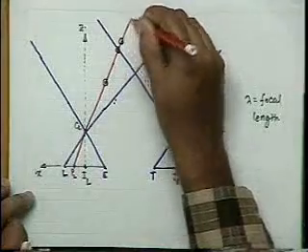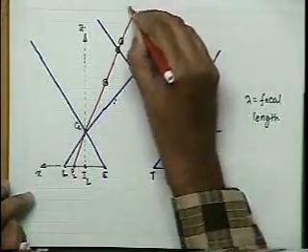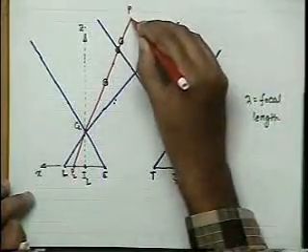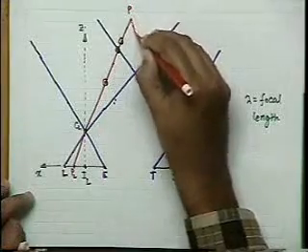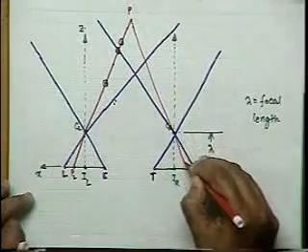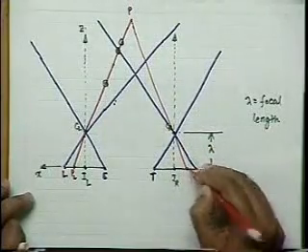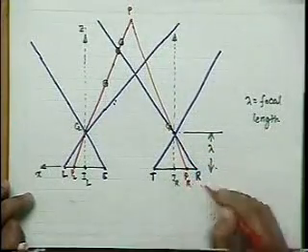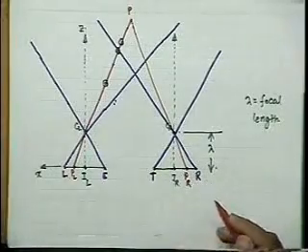Let us say I have the point P over here, and I join P with CR, and this is the position where I have PR.